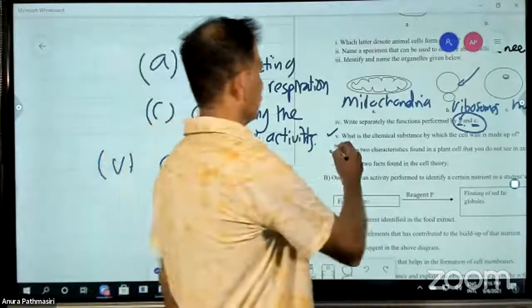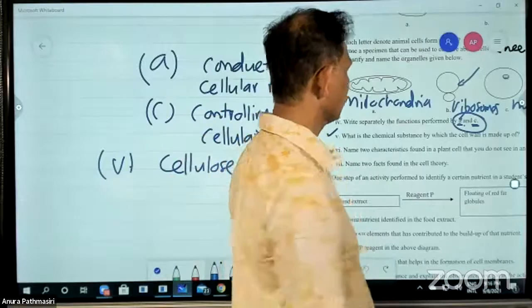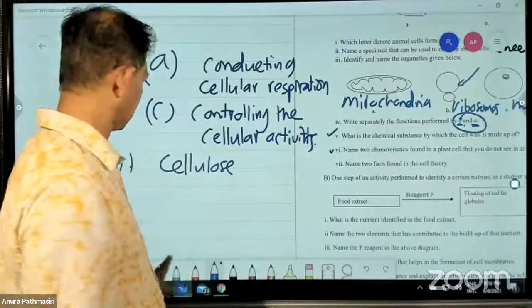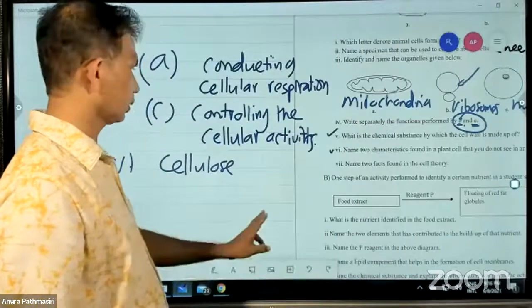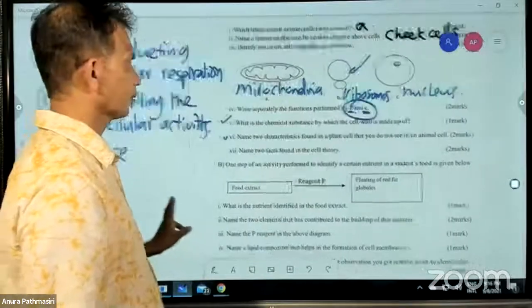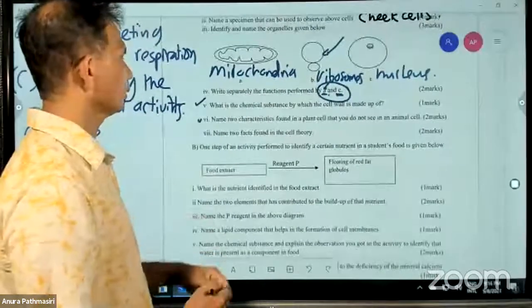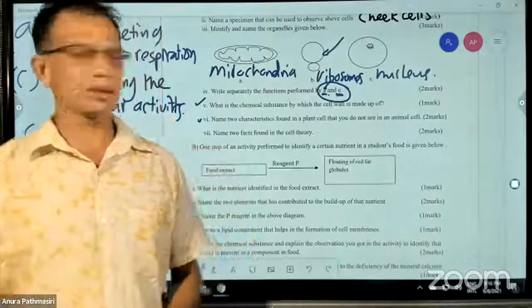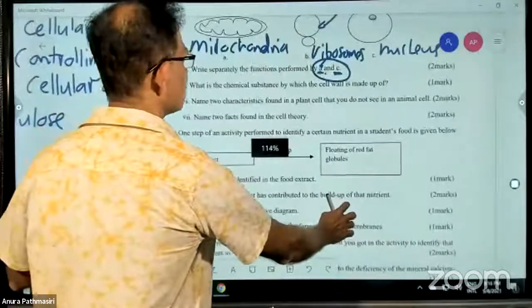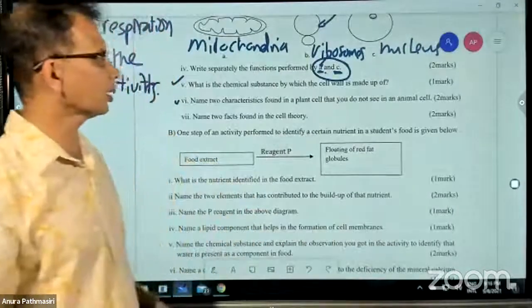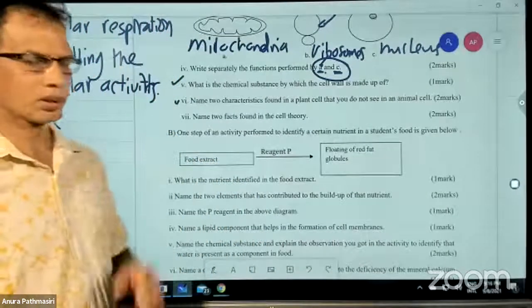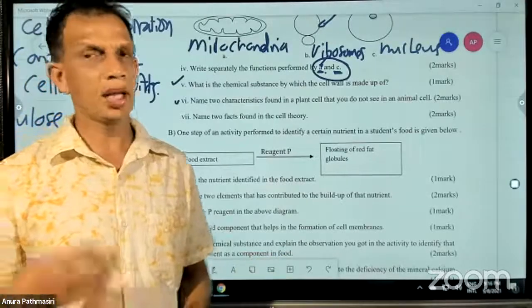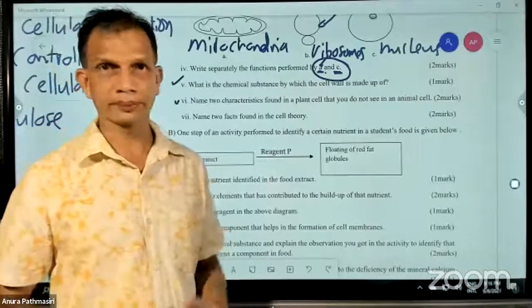Next one. Name two characteristics found in plant cells that you do not see in animal cells. The things that are available in plant cells but not available in animal cells. What are they?